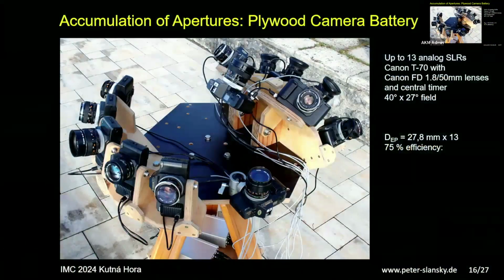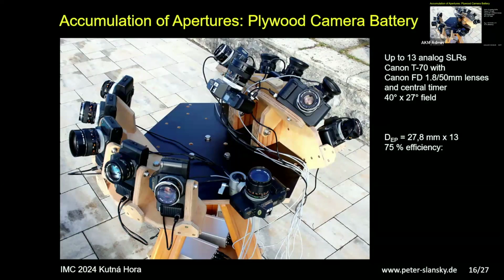One idea is good: accumulate apertures, but not focal length. So you combine different cameras, and everyone should be familiar with a site like that, because that's what AllSky7 does in another way. In this example, Matthias Knülle and I built this camera battery with analog T70 SLRs with 50 millimeter lenses. Then you can combine the apertures, and I made a brief calculation.